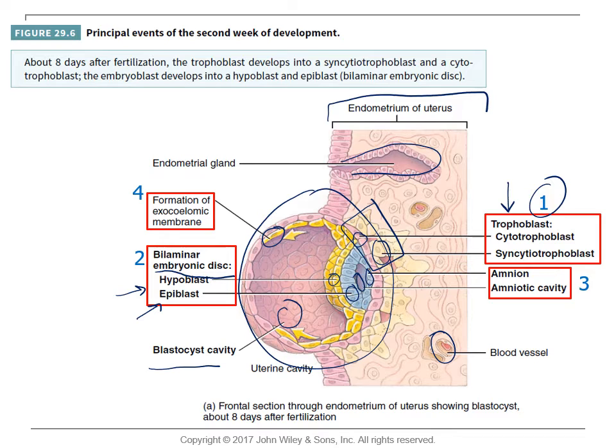we have the syncytiotrophoblast and the cytotrophoblast. Like we said, the syncytiotrophoblast contains no distinct cell boundaries, and the cytotrophoblast is between the embryoblast and the syncytiotrophoblast and is composed of distinct cells.